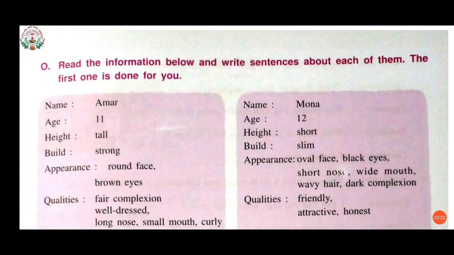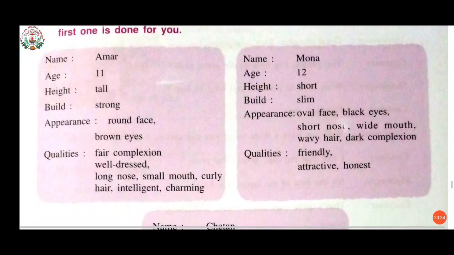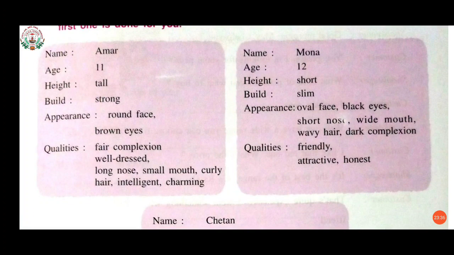Now O1, what is it? This will also be your homework, as the question is given: read the information below and write sentences about each of them. The first one is done for you. You can see in the box the information is given, and we have to change this information into a passage, means sentences we have to write by looking at all that information.